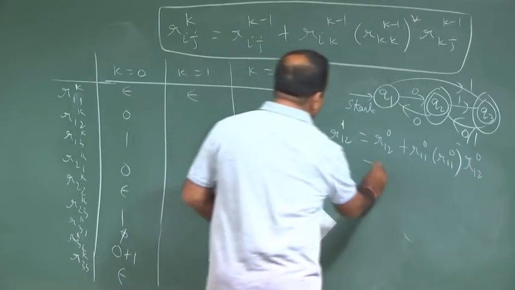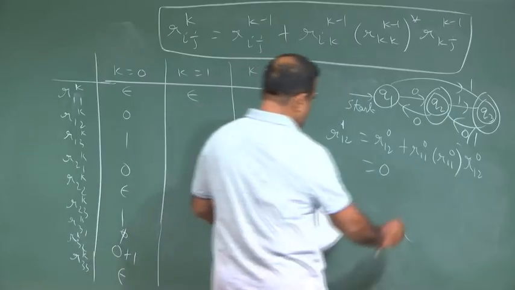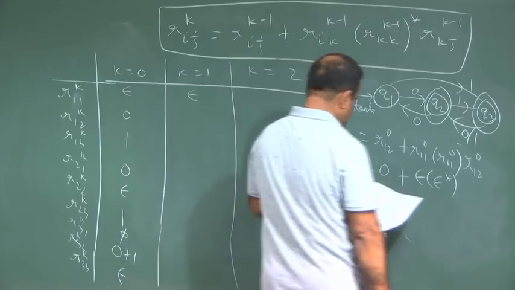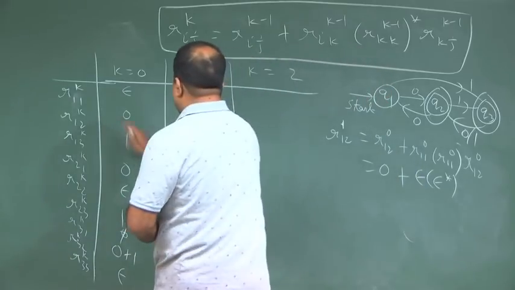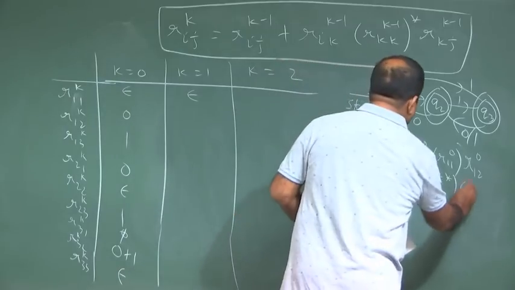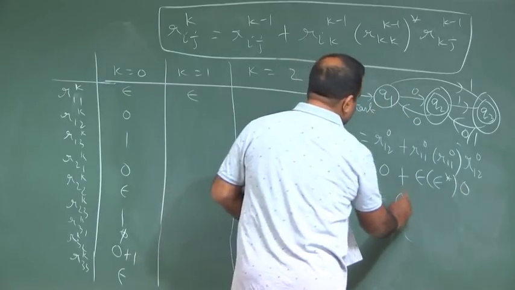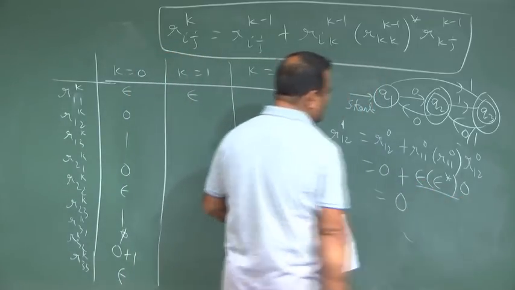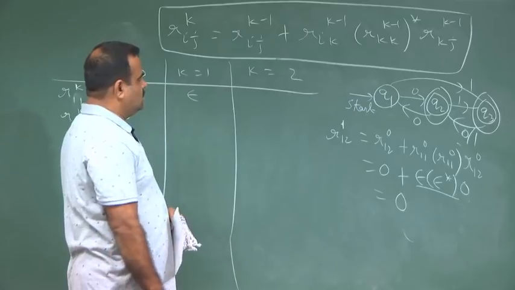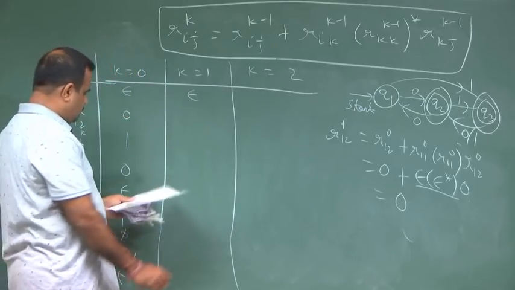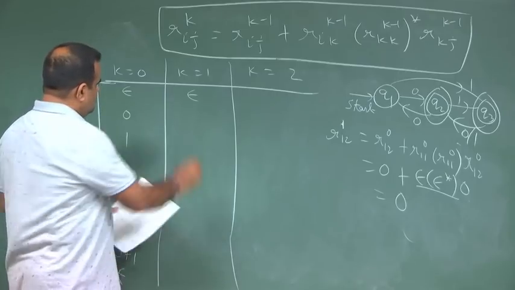If you put in the values, this is 0 plus epsilon, epsilon star, and R 1 2 0, which is 0. So this gives us 0 plus 0 union 0, and 0 plus 0 is 0. We are using those rules. So this is basically 0.